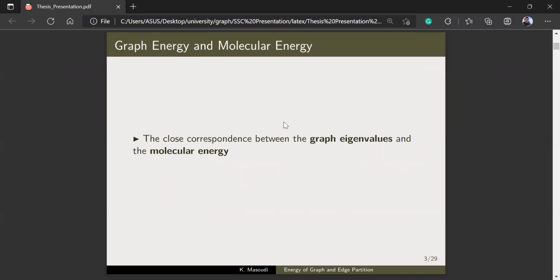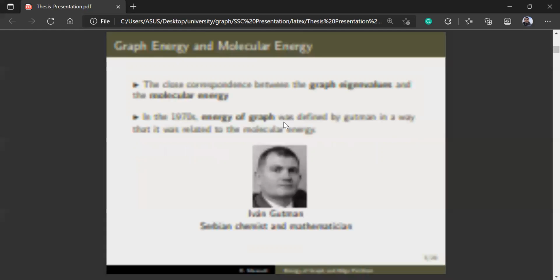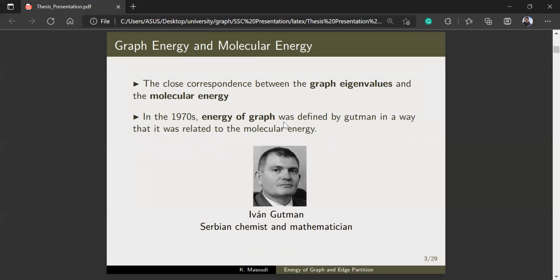For example, the close correspondence between the graph eigenvalues and the molecular energy. And in the 1970s, a Serbian chemist named Ivan Gutman defined the energy of graphs in a way that it was related to the molecular energy.